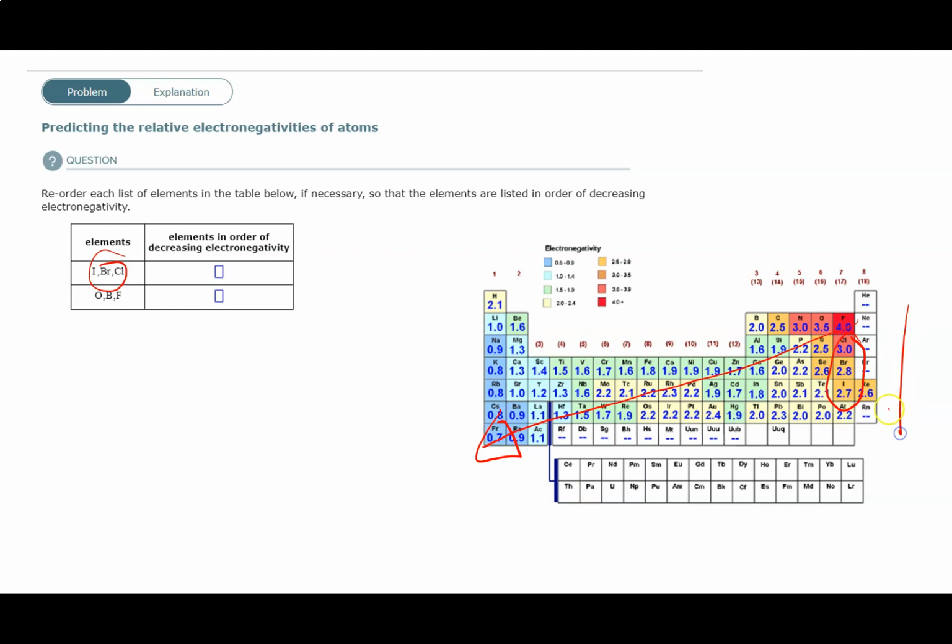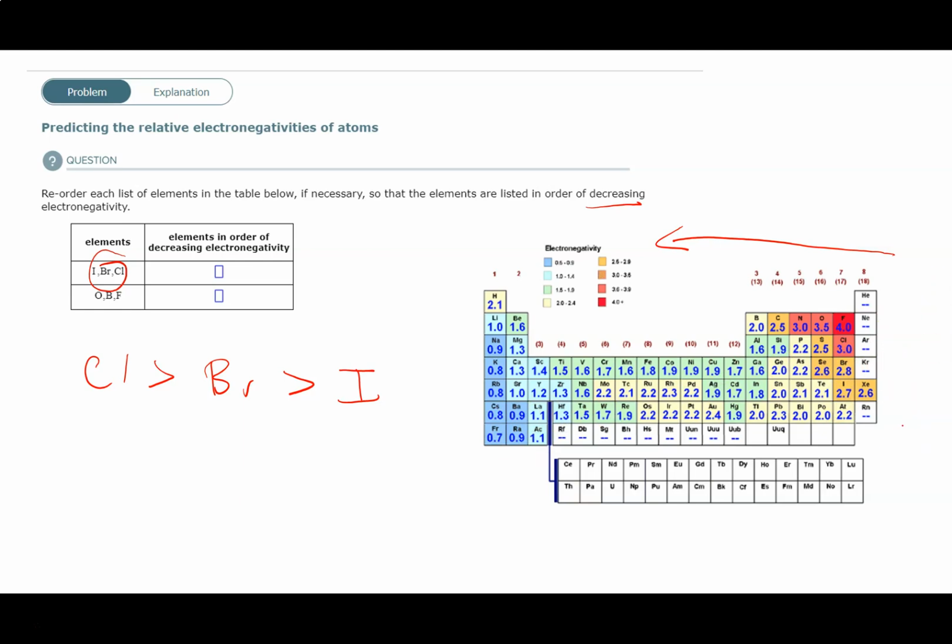Electronegativity decreases as we go down a group and from right to left across a period. So in order of decreasing electronegativity, chlorine is going to have bigger electronegativity than bromine, which will have bigger electronegativity than iodine. And we can see that in our numbered periodic table here.